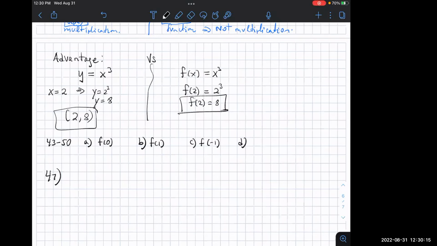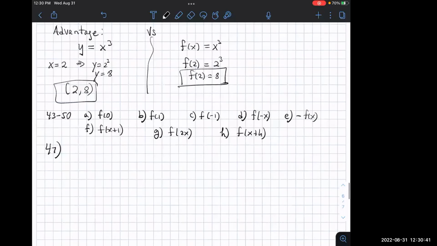D, f of the opposite of x. E, the opposite of f of x. F, f of x plus 1. G, f of 2x. And H, f of x plus h. Whatever goes in between the parentheses in the function notation plays the role of the x.